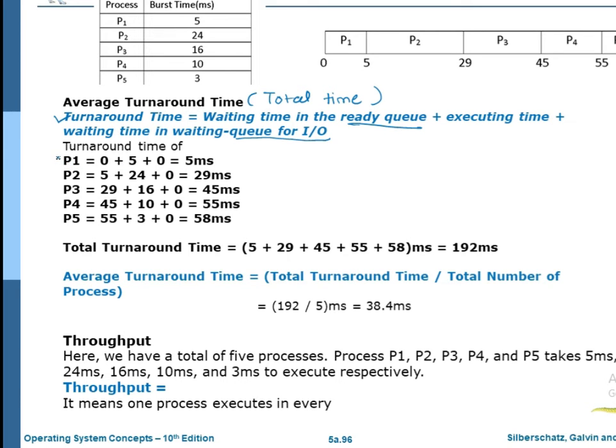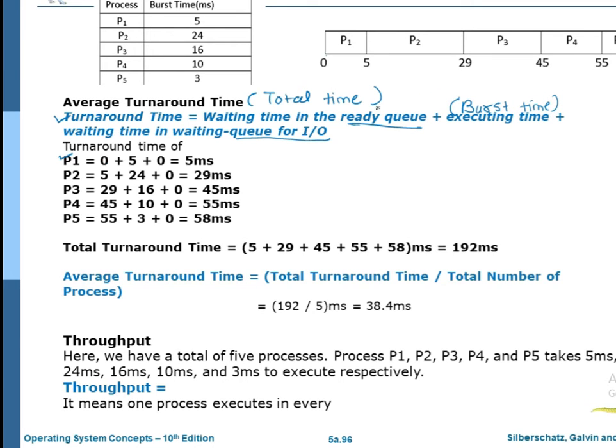So first we will calculate for P1. Waiting time in the ready queue is 0. It arrived at 0 and it executed at time 0. So waiting time is 0 plus what is execution time? Execution time is nothing but the burst time, or CPU time required.